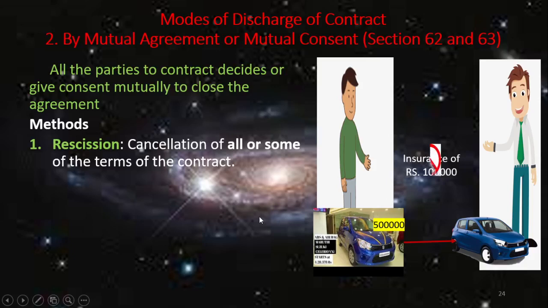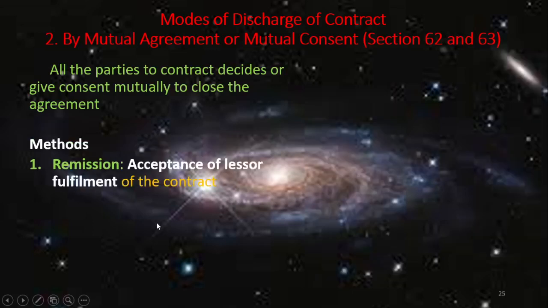But later they cancelled this term of the contract, the insurance term. So for that reason it's considered as rescission. They have cancelled one term of a contract. So for that reason it's considered as rescission.